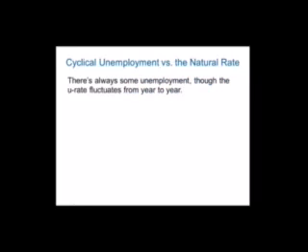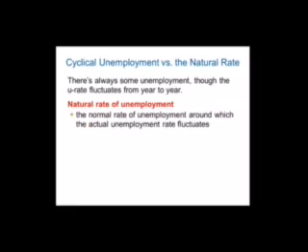Now, there is always some unemployment, and the reason is what we call frictional unemployment, and we're going to see that. The natural rate of unemployment is basically the rate at which the economy performs the best.